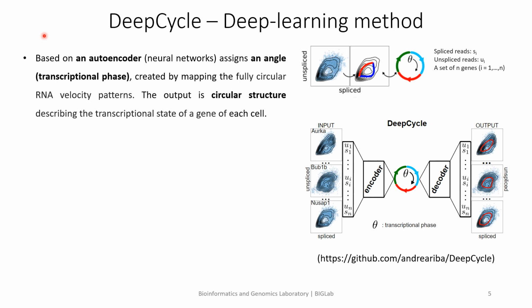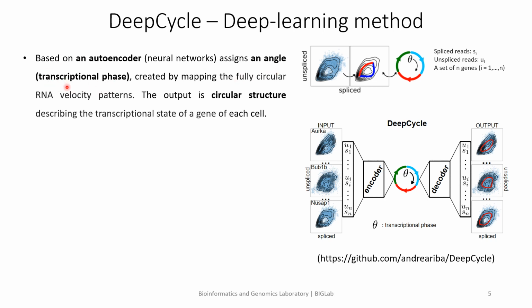Deep Cycle was developed based on a neural network, a neural network assigning an angle, in other words the transcriptional phase.